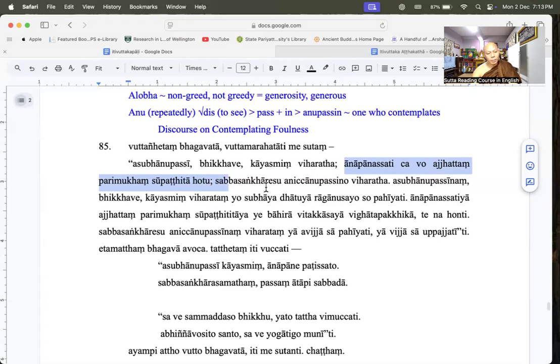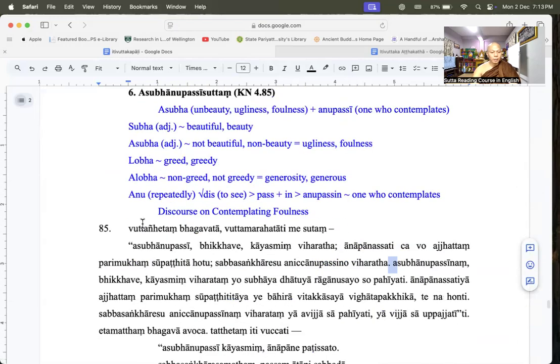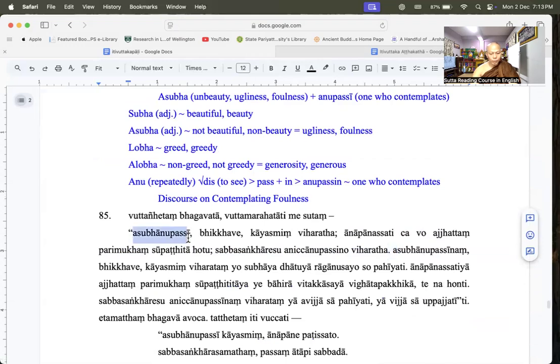And then sabbasaṅkhāresu aniccānupassī viharatha. Actually, the line stops here at viharatha. Here, full stop. But in this sutta, even though the title is Asubhānupassī, here one point: Asubhānupassī, and then Ānāpānasati, and then sabbasaṅkhāresu aniccānupassī. So three categories, you see. There are three facts in that line.